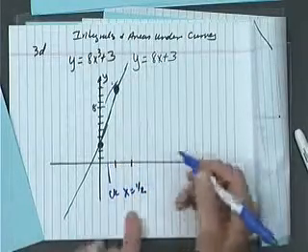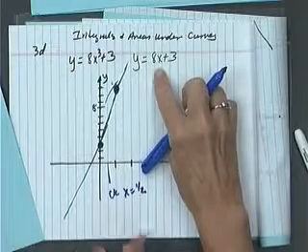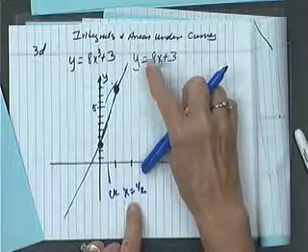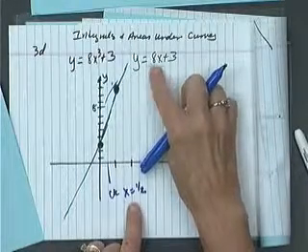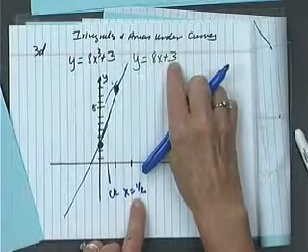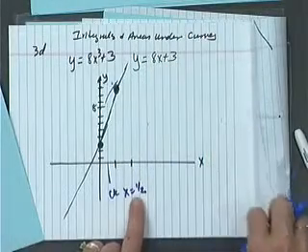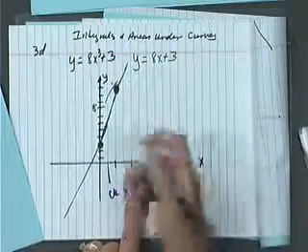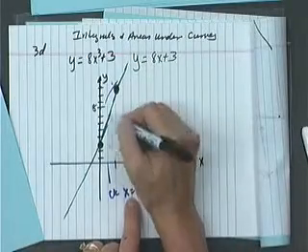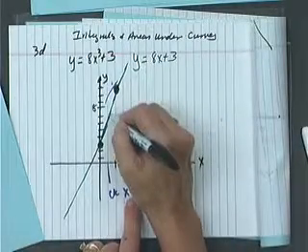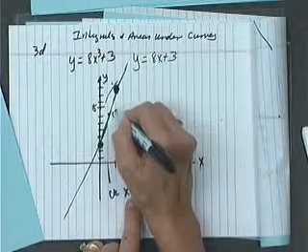x equal a half. Okay, if I put a half in for the line, I would get 4 plus 3 is 7, right? So at a half, it would be 7, half, 7, right here.